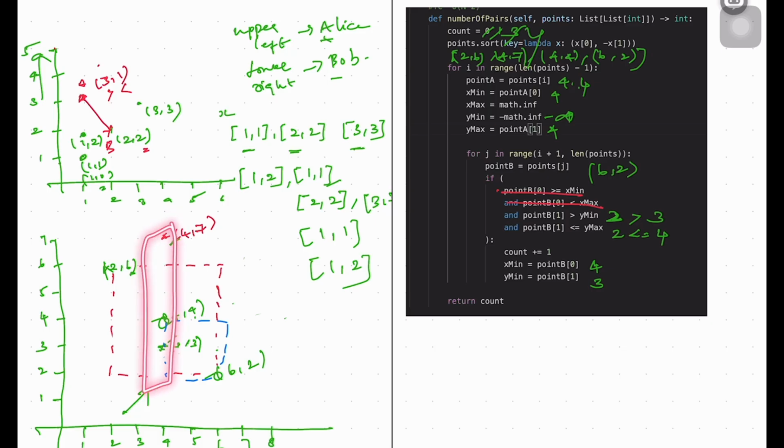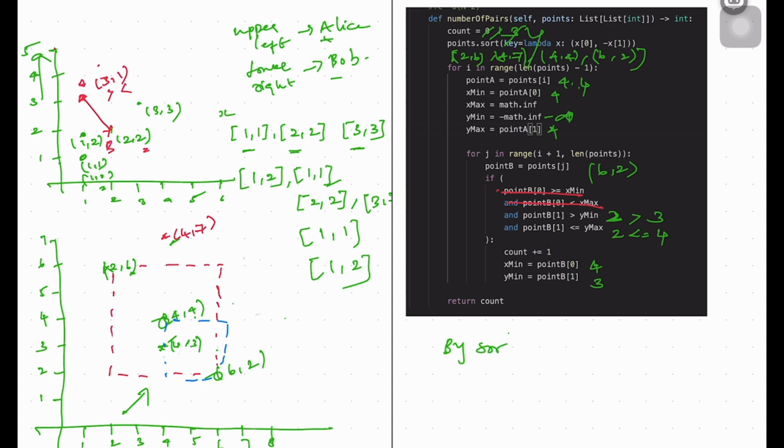If it lies on the same x-axis or same y-axis, we can't form it, right? Based on x min and y min, since y is in descending order, we know that some other points are already present in between, so we can't form with this based on these y min points. If nothing is present, then for sure we can form.